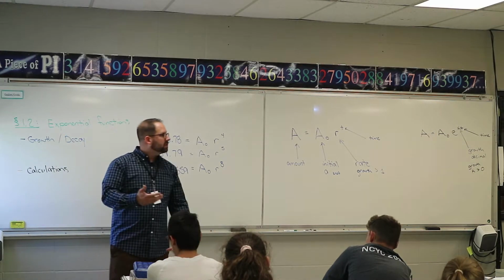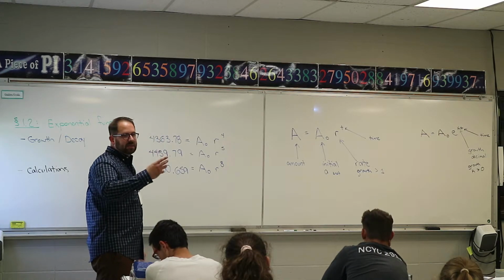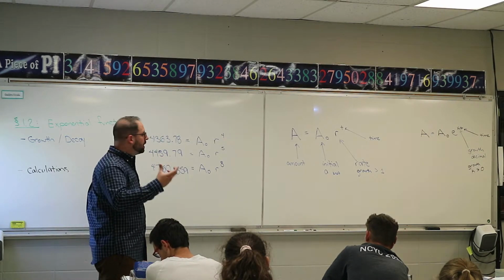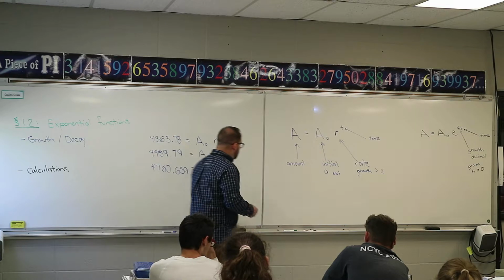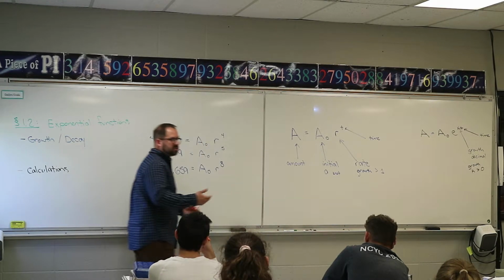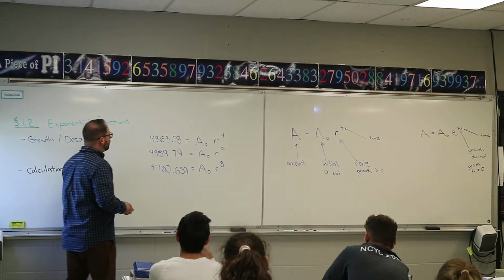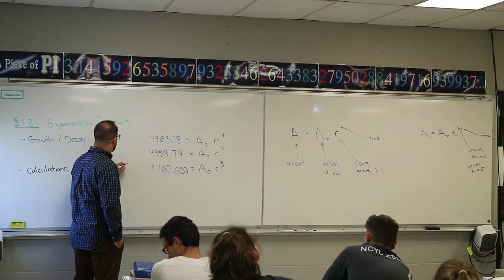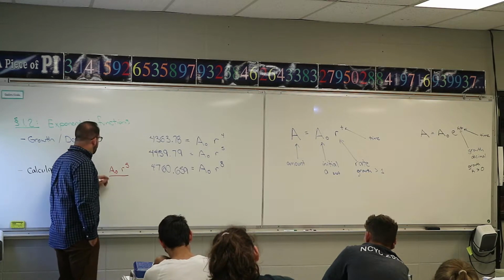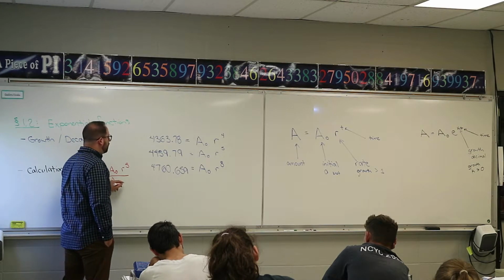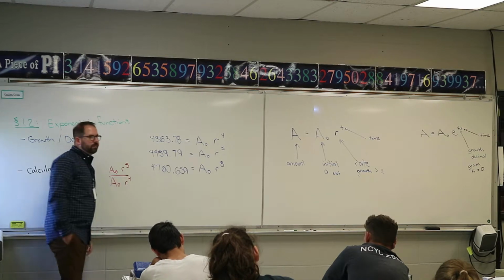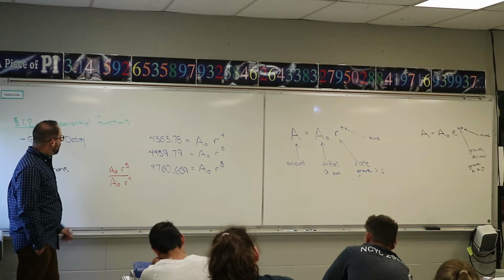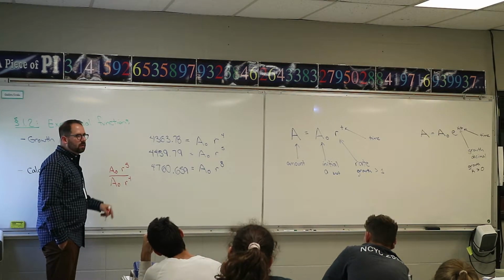Now how this works, it's using a common sense idea of looking at the percent. So what they do is they do this. Because how do you find percent? You divide numbers, right? So if I took A0 R to the 5th power, and I divided by A0 R to the 4th power, I divide these. What happens to A to the 0?